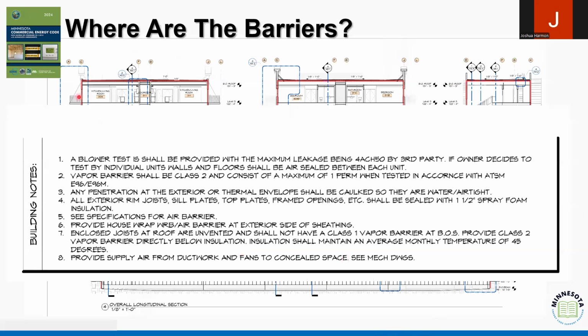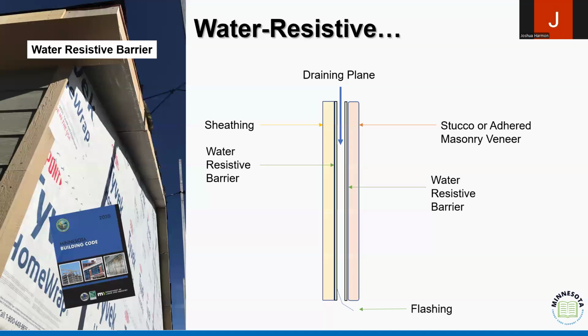What we're trying to do is control not only airflow but also moisture accumulation. We want to create that water resistant barrier so that it drains, a drainage plane. As moisture comes in, hits our stucco, hits our exterior cladding, and starts to accumulate, are we going to allow moisture to penetrate and make its way into our assembly? So we want to create this plane where moisture gets away.